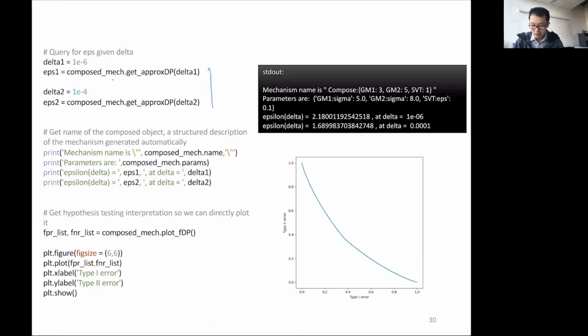So this curve is what you would get for the Renyi differential privacy, and it involves numerical optimization and multiple access to this Renyi DP functions of these individual mechanisms and their combination.